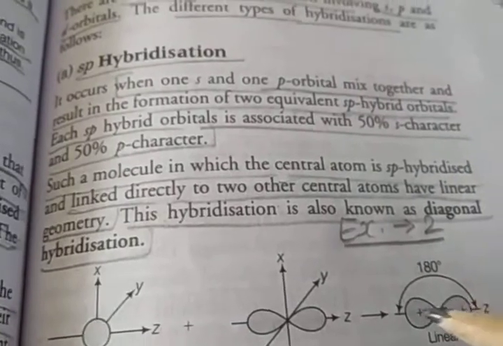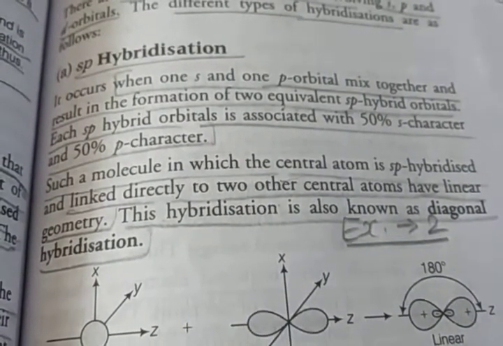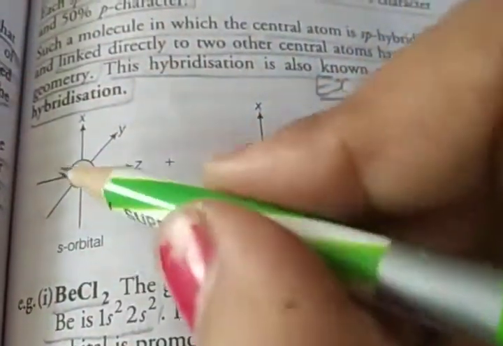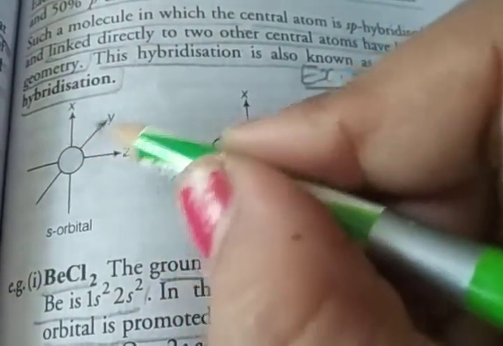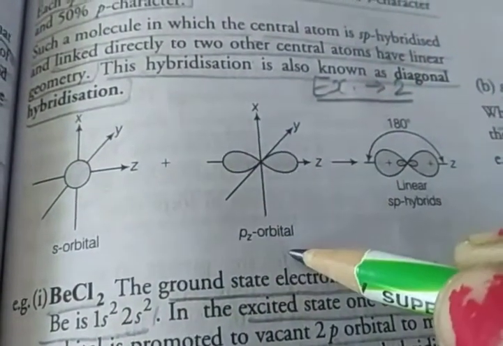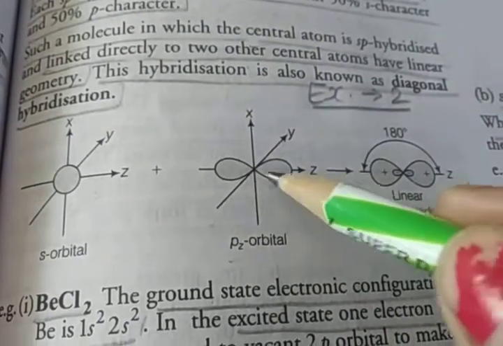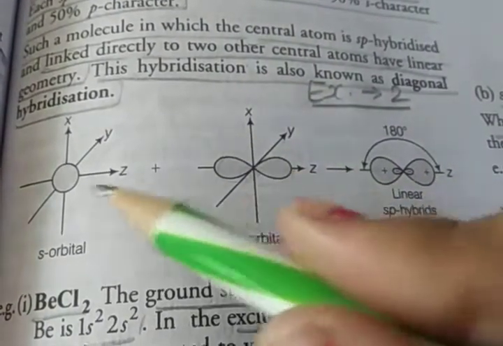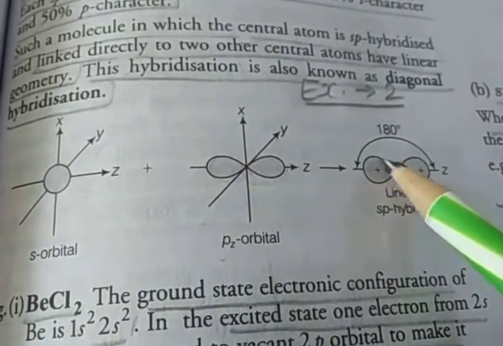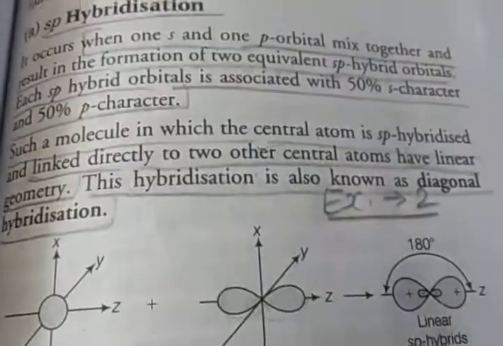Here is an example of sp hybridization. See, this is the s orbital, spherical, and the p orbital along x, y and z directions, pz. So this is linear overlapping, when s and then p overlap. Clear?